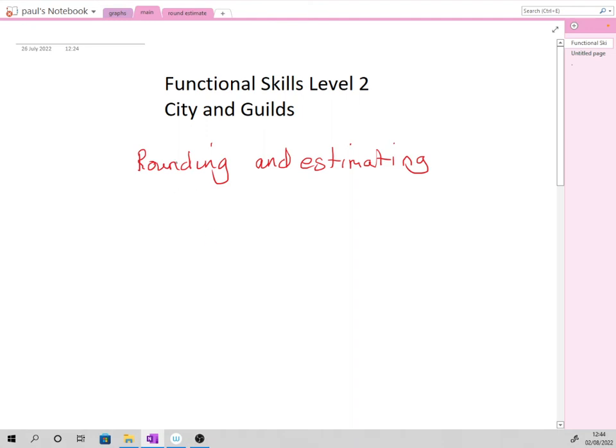Now, rounding in itself has a few rules to go by, and rounding is something that we do at the end of a calculation, and estimating is something we do at the beginning of a calculation.